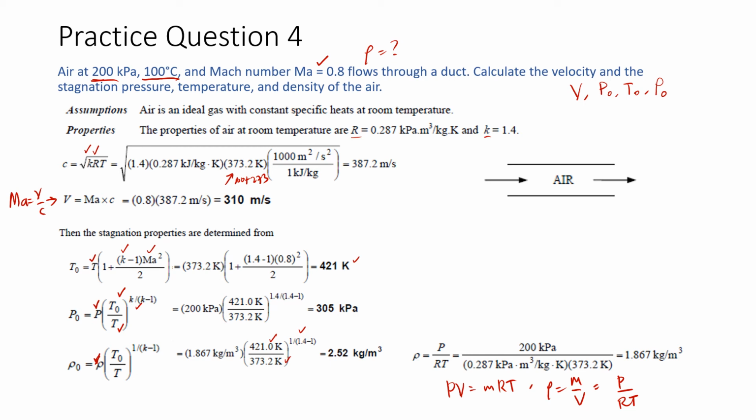Again, I think all the questions here are quite straightforward. It's just a matter of finding the right values and knowing the difference between, for example, static properties, static temperature, stagnation temperature, and critical temperature.